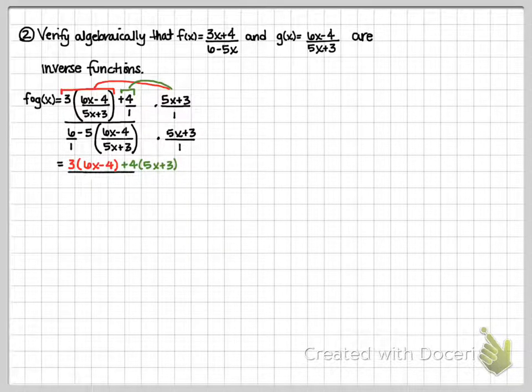I'm going to do the exact same thing on the bottom. So let's go ahead and distribute the bottom there. Let's use purple this time. So this is the one I'm going to be distributing to next. And I'm going to get, there's nothing to cancel, so I'm going to get a 6 and the 5x plus 3.